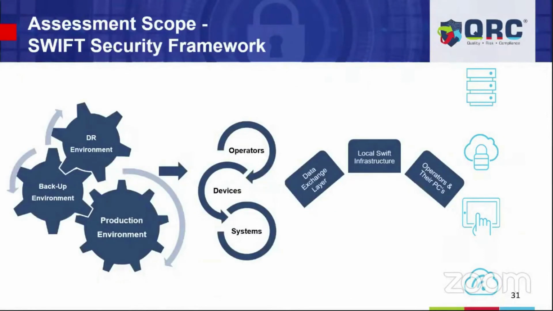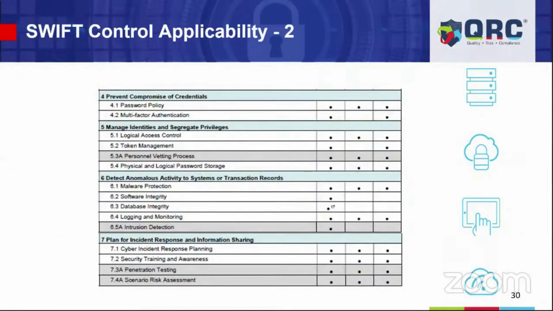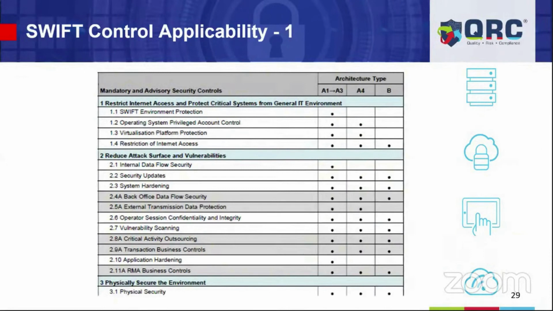Whatever we have discussed so far, the various controls, depends on the architecture type. So it is always important to have this information in hand. Please determine what architecture type you are using, so that you can see which controls are applicable for your organization. Based on that, you can start doing an independent assessment, either internal or external. So this is what it is.